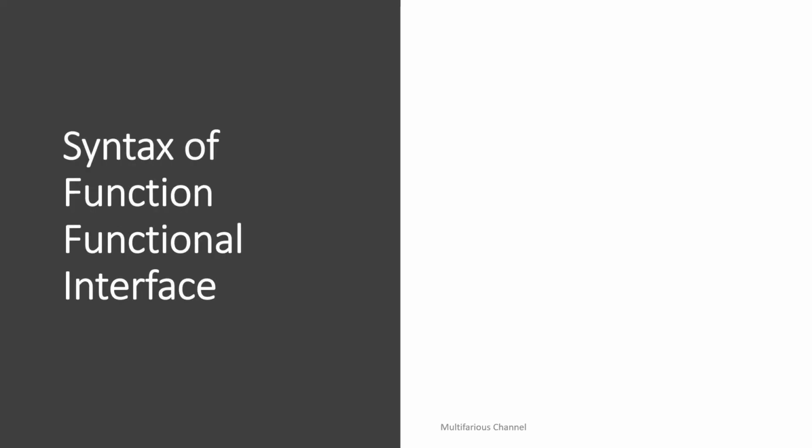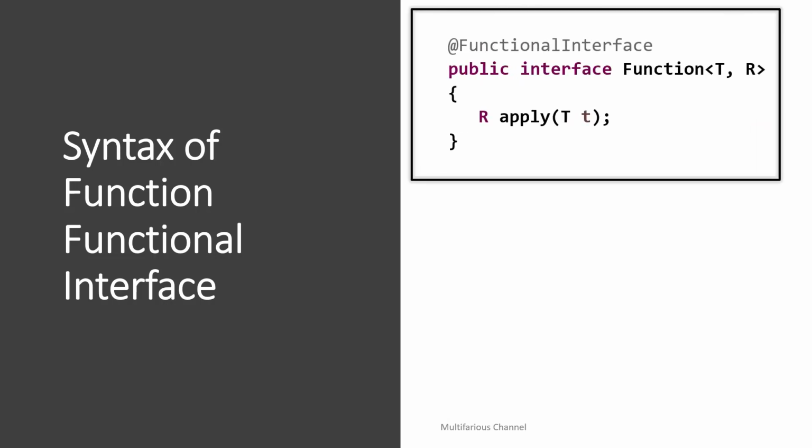Now let us understand the syntax of function. A function is defined like this. It is annotated with the FunctionalInterface annotation, and it contains only one abstract method, that is apply. You can remember the name of this method like this: function is used for applying some kind of processing on the input and providing some output.